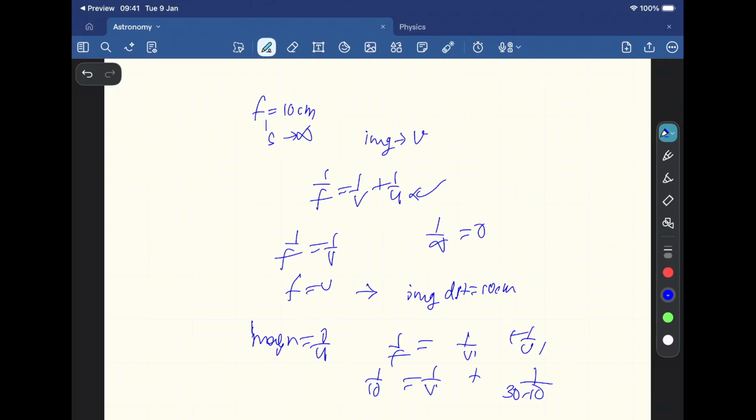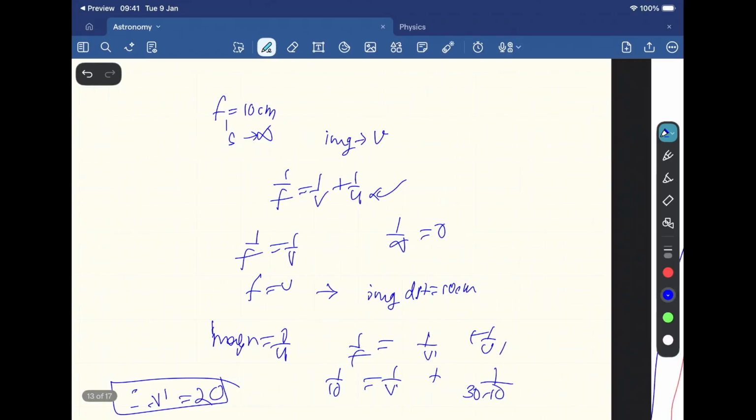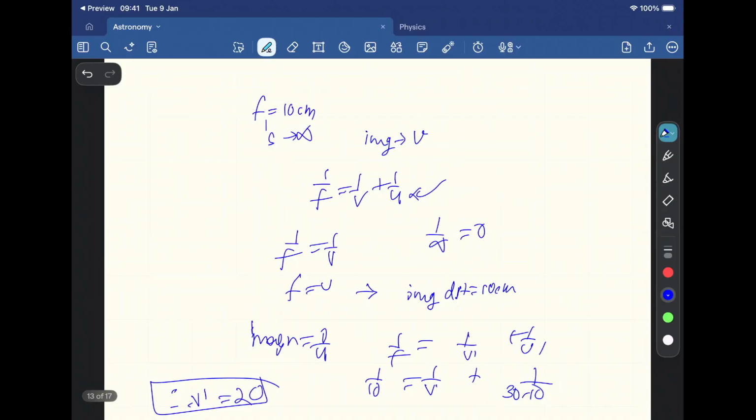So we get 1 by 10 minus 1 by 20, therefore v dash equals 20. This image becomes 20. For magnification we must do image by object, so 20 divided by 20 for the second lens, we'll get 1.